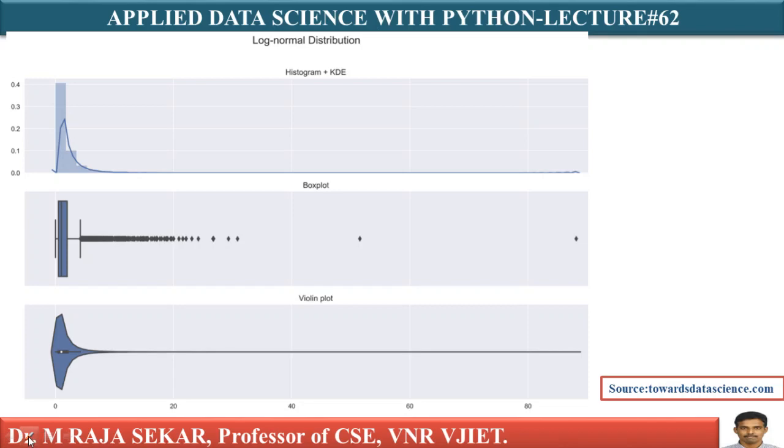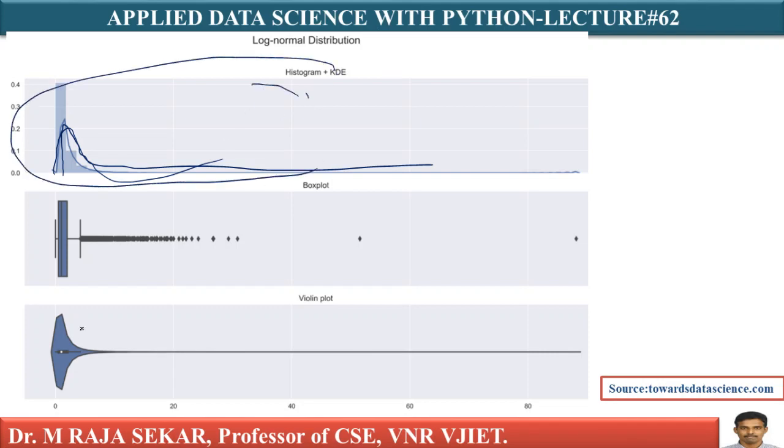Again, we are taking one more simple example. Just see, this is my KDE, this is my kernel density estimate. How can I say log normal distribution? This particular distribution is known as log normal distribution, which is definitely more skewed than normal distribution. Is it not skewed? This is your KDE, your kernel density estimate.